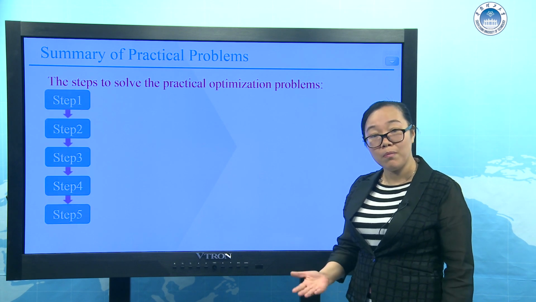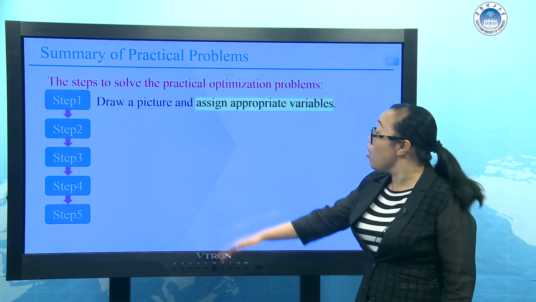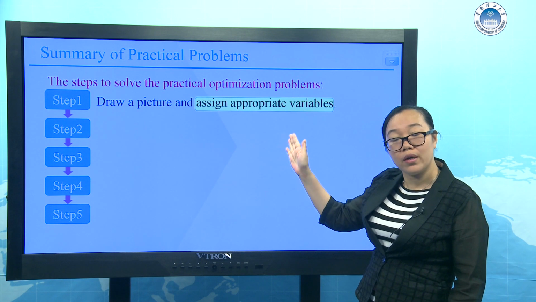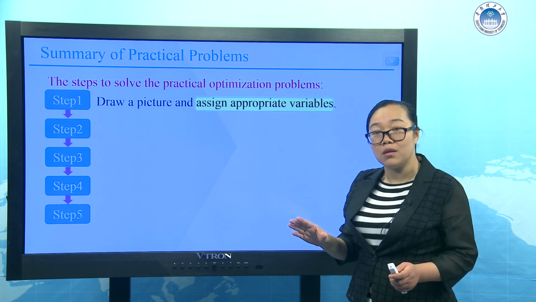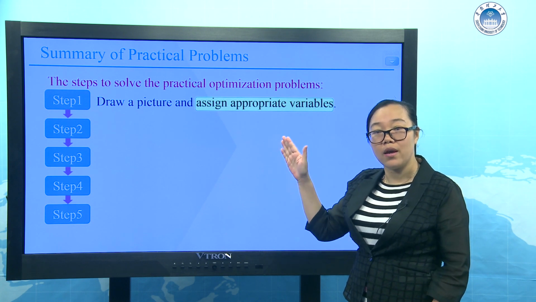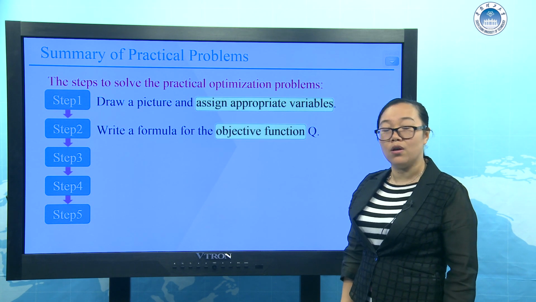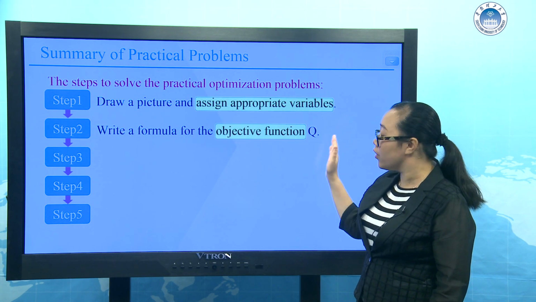Do you remember step 1 until step 5? Step 1, yes: draw a picture and assign appropriate variables, maybe height, maybe length, maybe width. And then write a formula for the objective function Q.